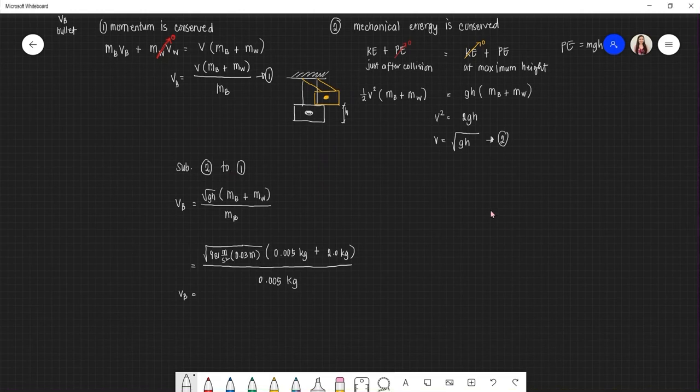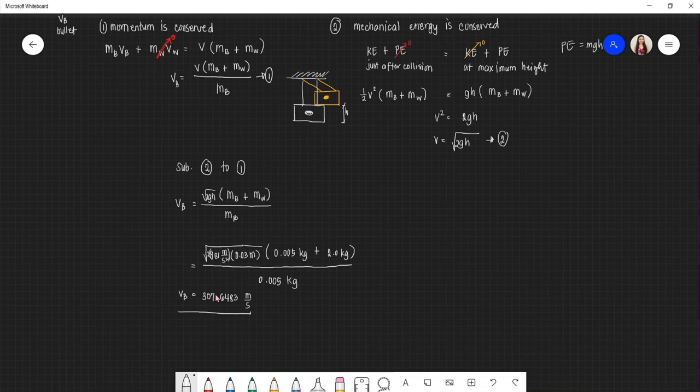I did not include the 2, sorry. So there should be a 2 here, so times 2 again. Okay, so the velocity is 307.6483 meters per second.